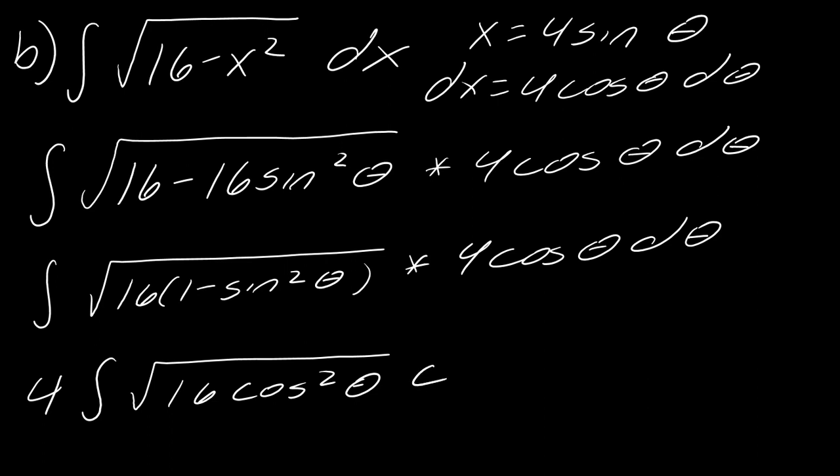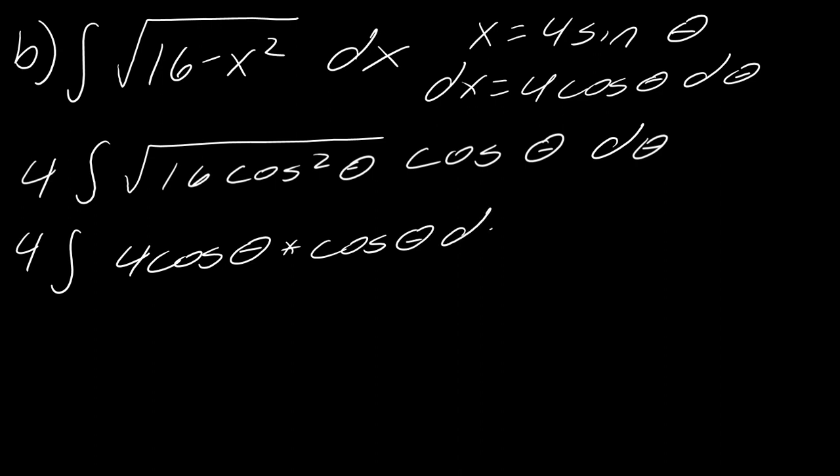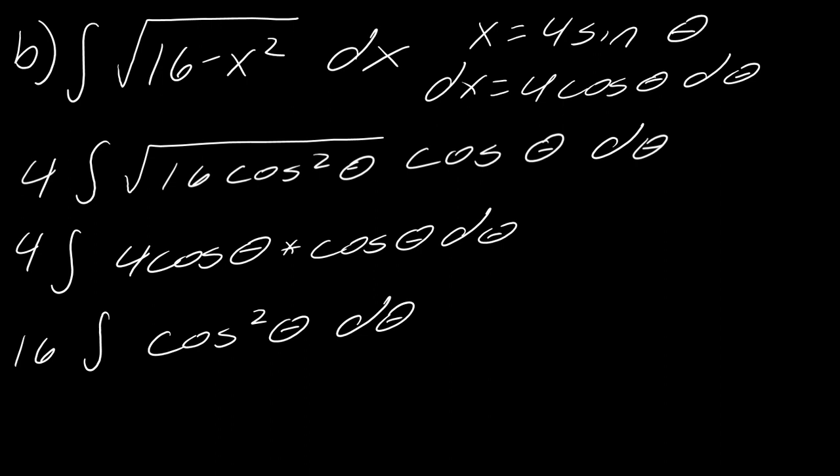And then I've still got cosine theta d theta. So I'll clear a little space. Then this square root is going to become 4 cosine theta times cosine theta d theta. And then I can bring the other 4 out. Now I've just got to integrate cosine squared theta d theta.